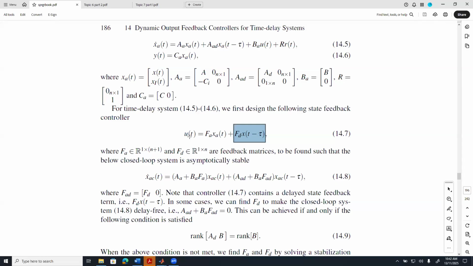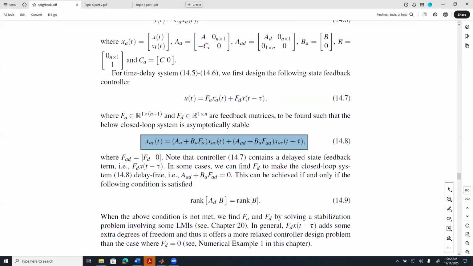And so if we then say, let's find this feedback control law, let's find Fi and Fd, so that when we apply this back into this open loop system, we get this closed loop feedback control system here. All right. And therefore, we want to find Fi and Fd. In other words, we augmented them. And then basically, we want to ensure that this system here is stable.